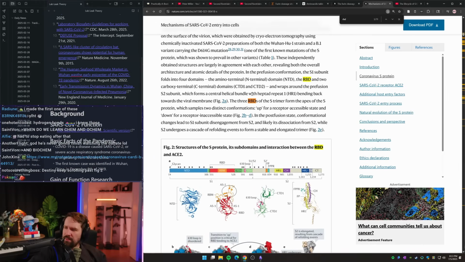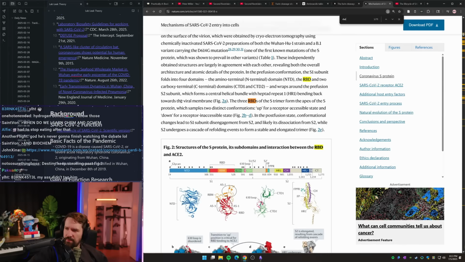The three RBDs of the S trimer form the apex of the S protein, which samples two distinct conformations, up for a receptor accessible state and down for a receptor inaccessible state.